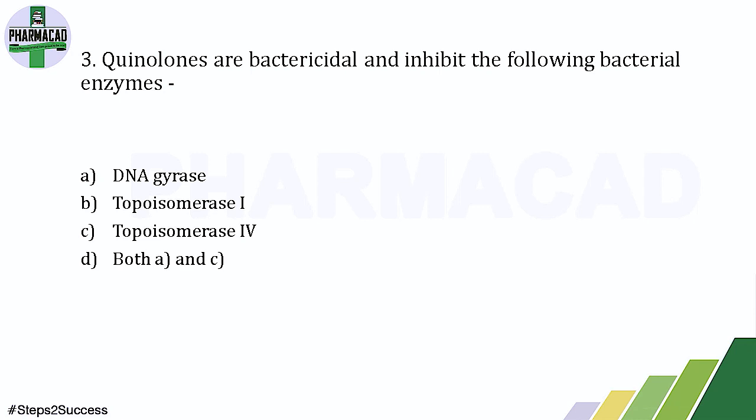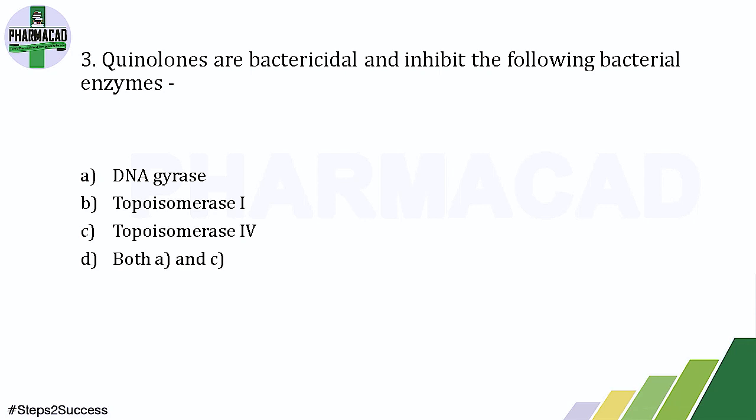The options given are A, DNA gyrase, B, topoisomerase 1, C, topoisomerase 4, and option D, both A and C. So for this, the mechanism of action of quinolones is, as you all know, they are rapidly bactericidal. They will inhibit the DNA gyrase and topoisomerase 4.